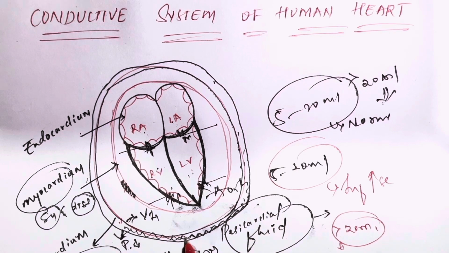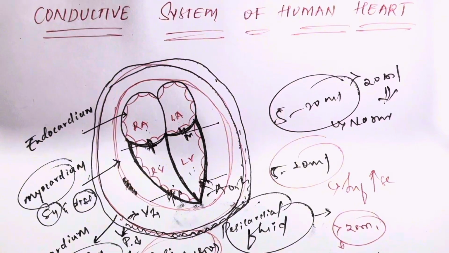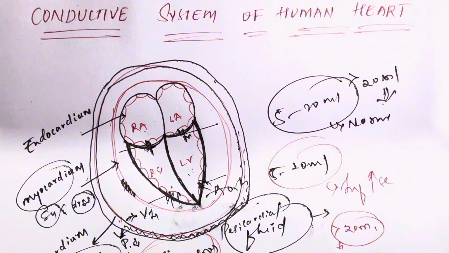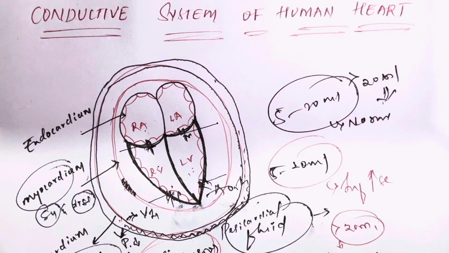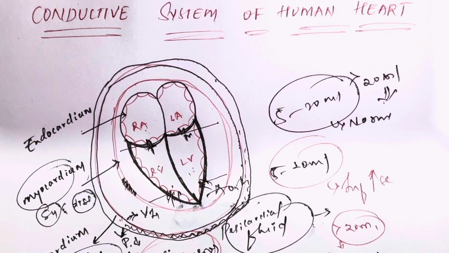In between the two pericardial layers there is pericardial fluid, and if it increases, it is called pericardial effusion. That is why the treatment is pericardiocentesis. What is pericardiocentesis? The removal of fluid present in between the visceral layer and the parietal layer.